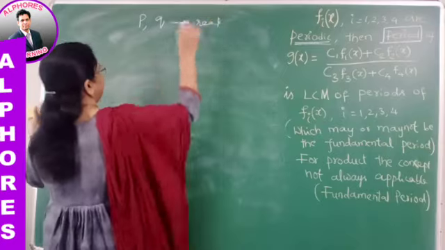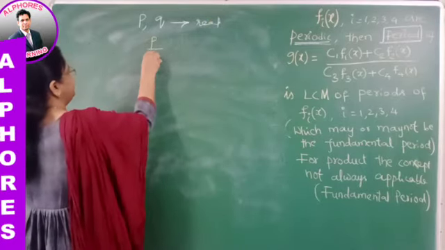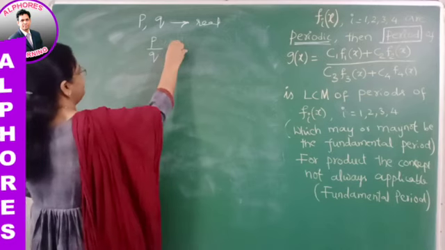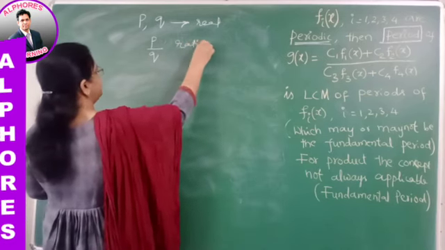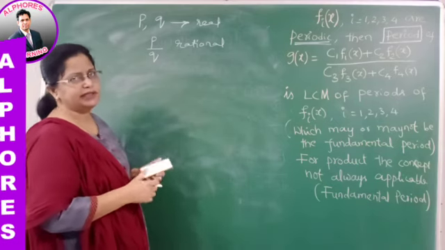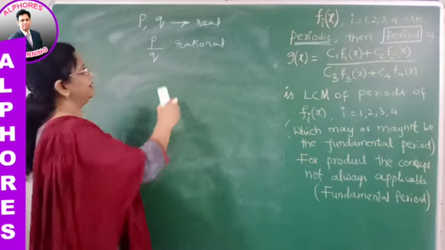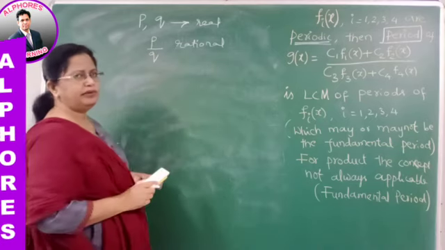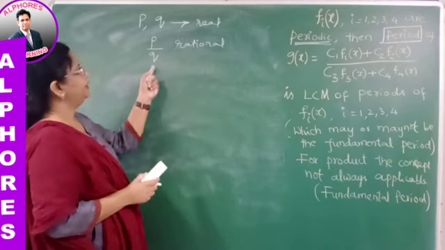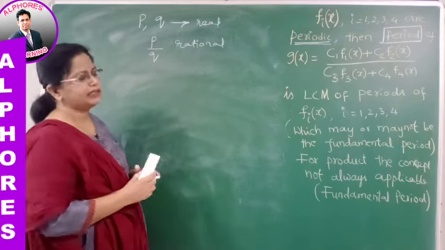If P by Q is always rational, then only the LCM of those two numbers exists.